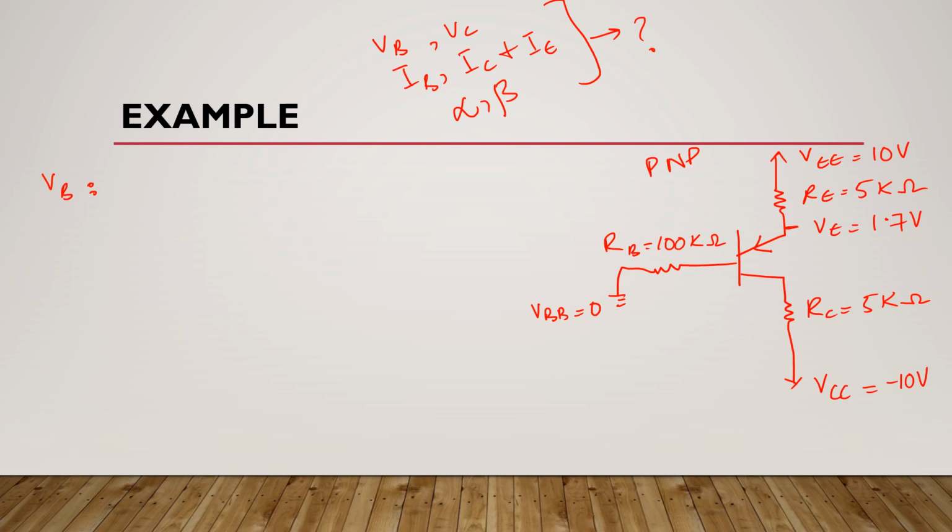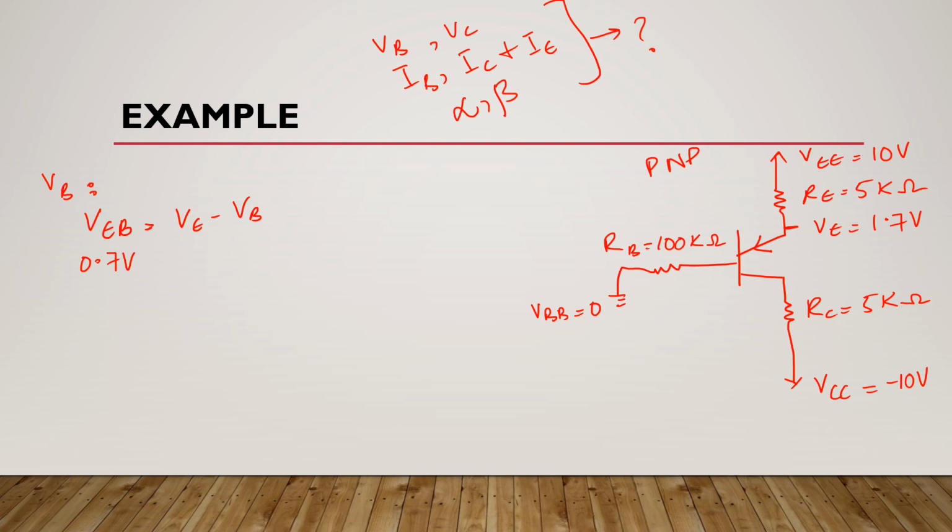Here, since this is a PNP configuration, the voltage drop of the emitter base junction will be VEB, which is equal to VE minus VB. We know that in forward biased condition, this VBE or VEB is constant, which is assumed to be 0.7 volts.